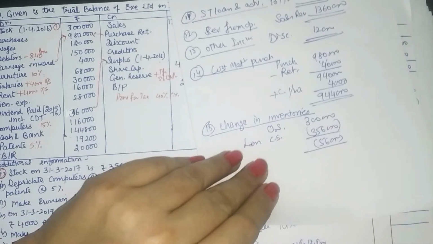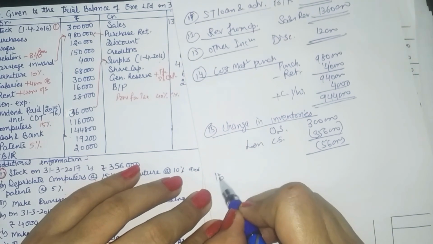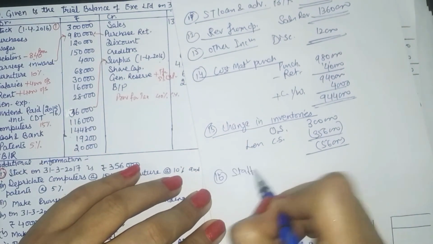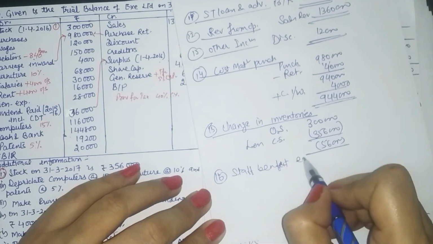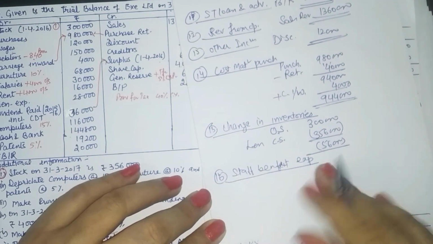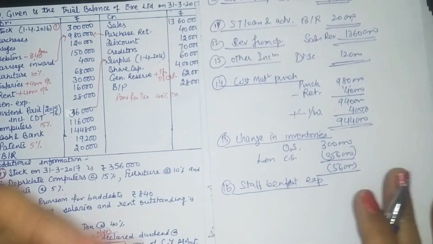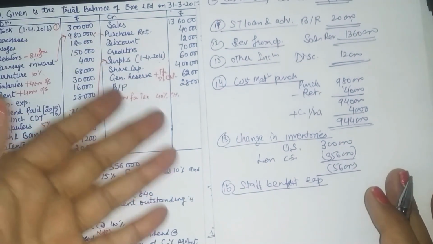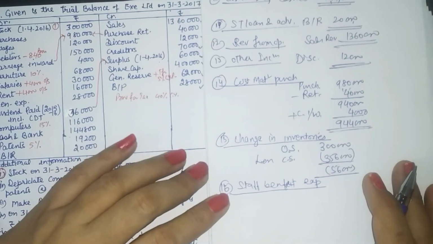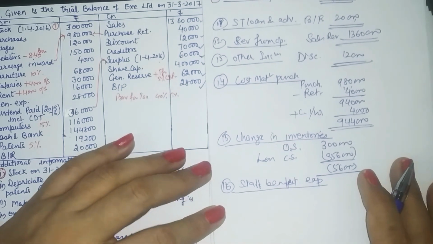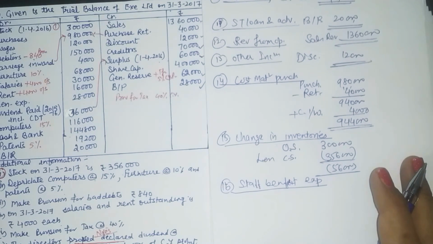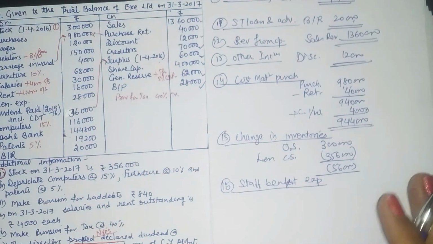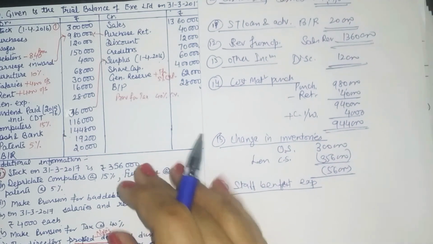Next is staff benefit expenses. Staff benefit expenses include staff salaries, wages, directors' remuneration. So whosoever is on the payroll, their expenses will be written here. If your directors are not on the payroll, but you give them some amount as a regard, they are not on your direct payroll, so it won't come here.